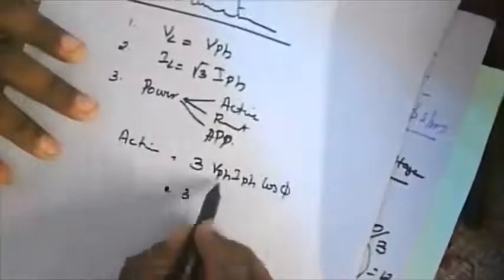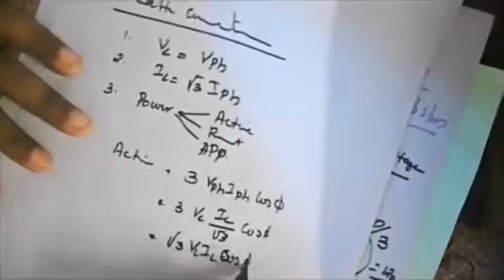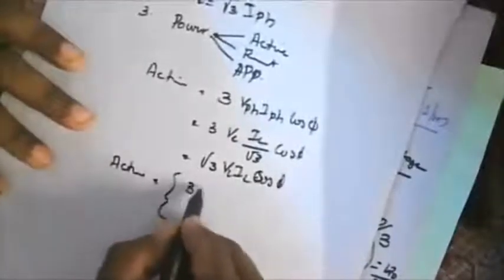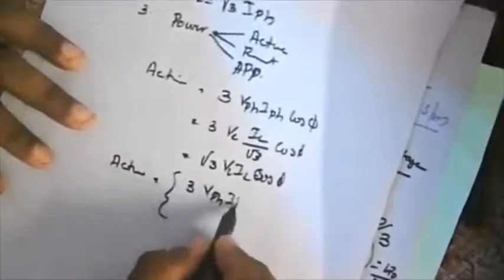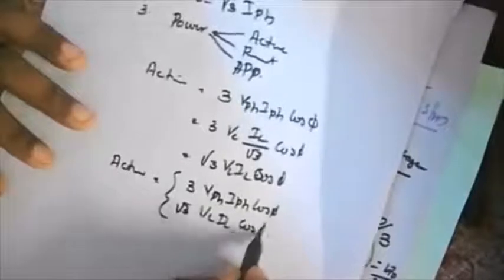So I will write 3 into V phase, which is nothing but VL, 3 VL, I phase is IL by root 3, into cos phi, that is equal to root 3 VL IL cos phi. So the expression for active power is of two types: 3 V phase I phase cos phi or root 3 VL IL cos phi.